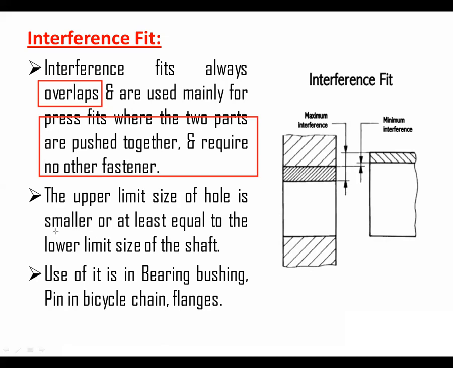The upper limit size of the hole is smaller than or at least equal to the lower limit size of the shaft. Use of this is in bearing, bushing, pin in bicycle chain, flanges, etc. So all these are examples of interference fit.